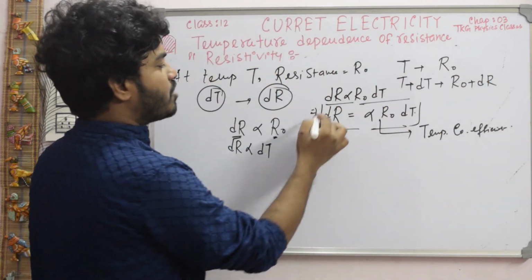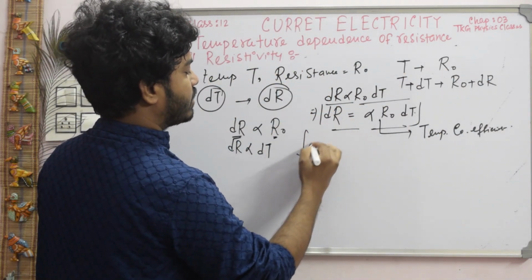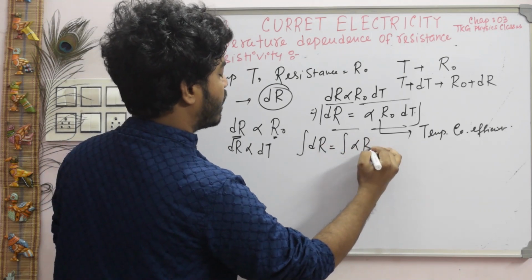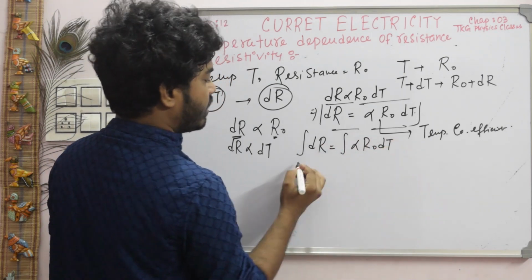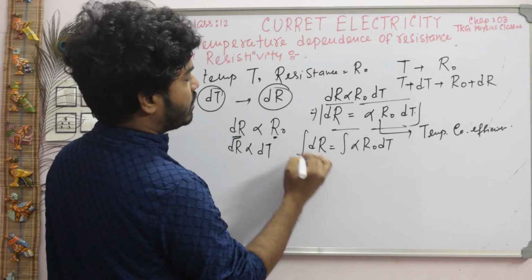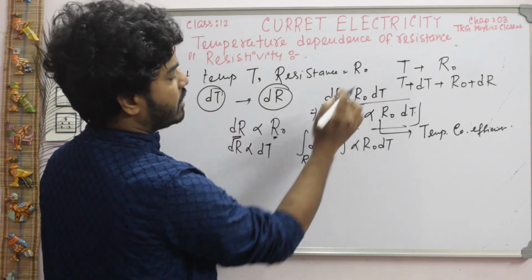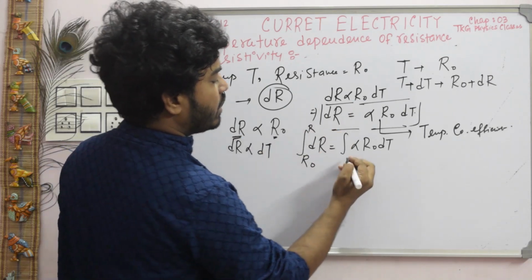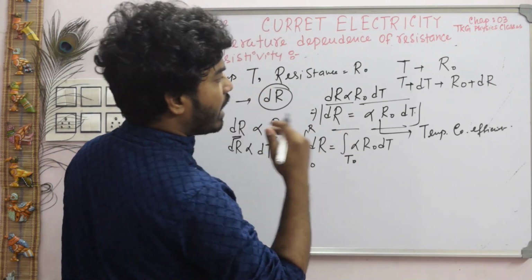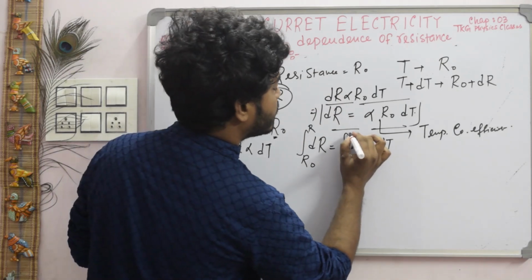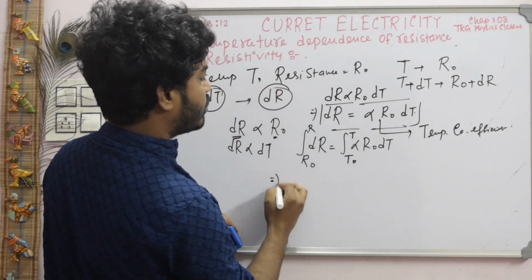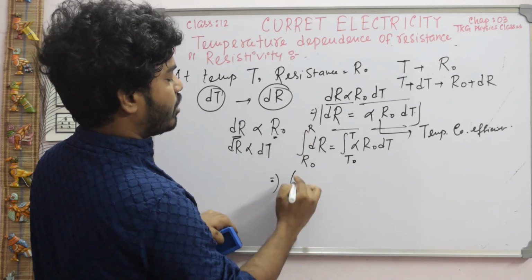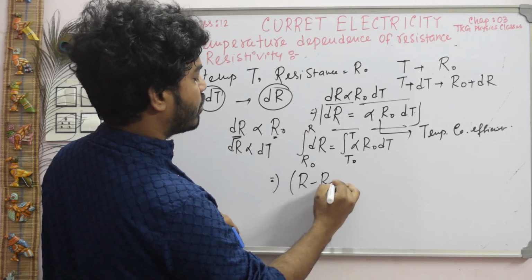Now suppose I integrate this equation, dR equals alpha R naught dT. The initial resistance is R naught and the final resistance is R; the initial temperature is T naught and the final temperature is T. Integrating dR gives R minus R naught.